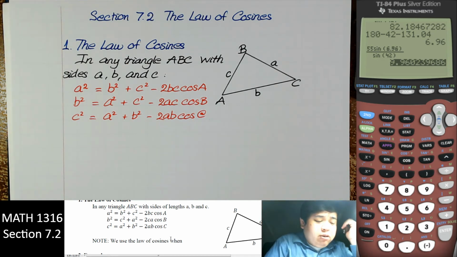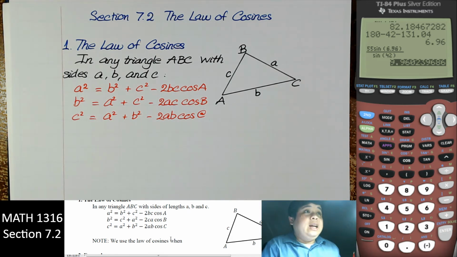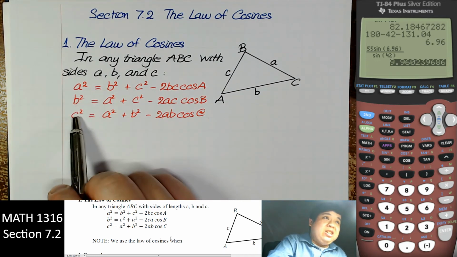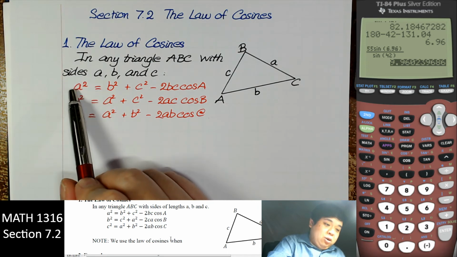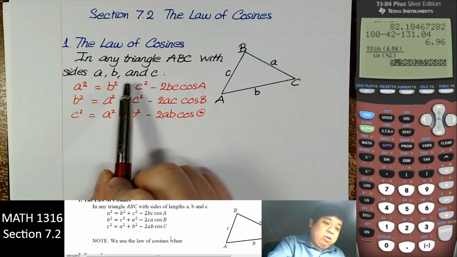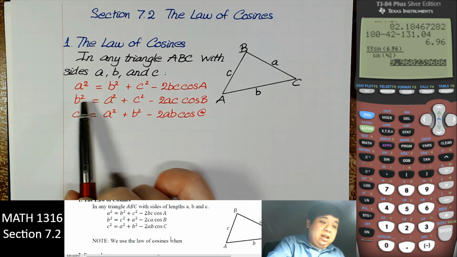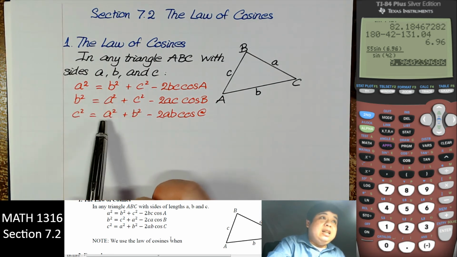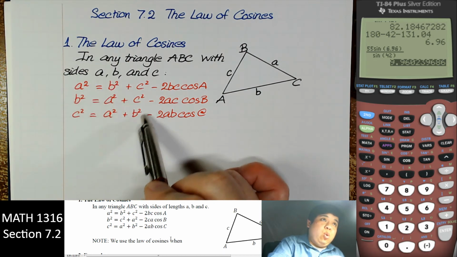Right, now, how to memorize this? We could start with A, B, or C. It doesn't matter. A square, B square, C square. When we have those square, the other two have to be a different letter, right? If we have A square, then B and C. If we have B, A and C. If we have C, and A and B. So whatever square is the other two square.